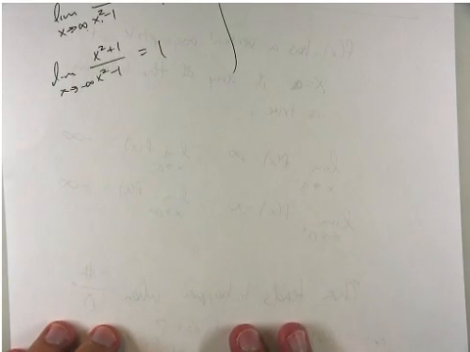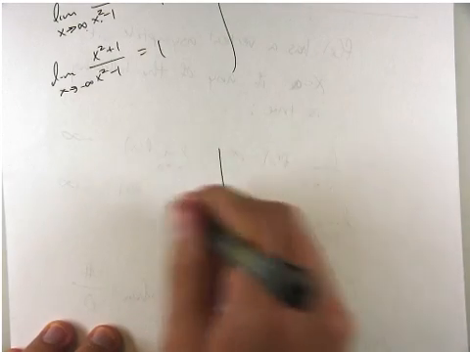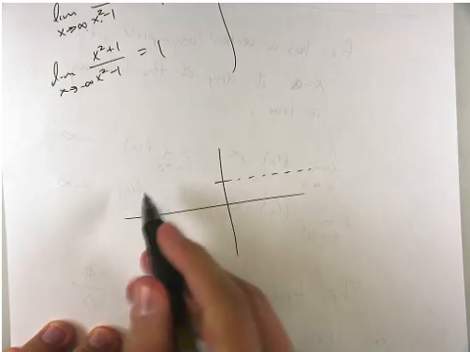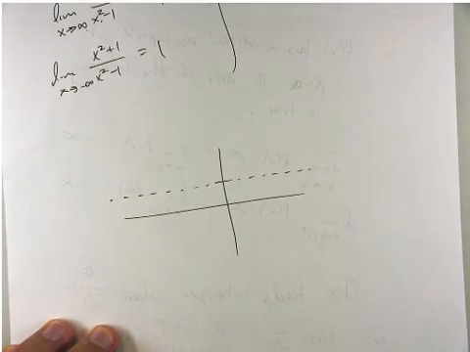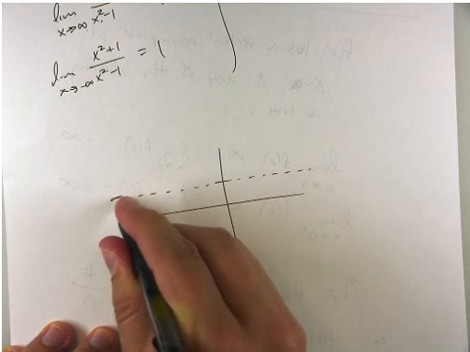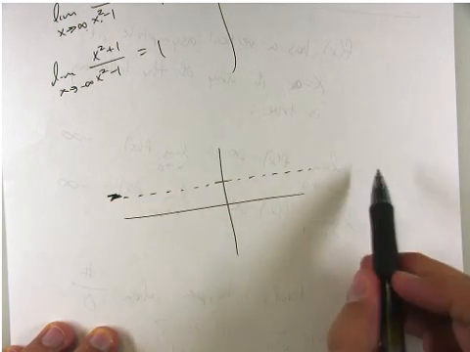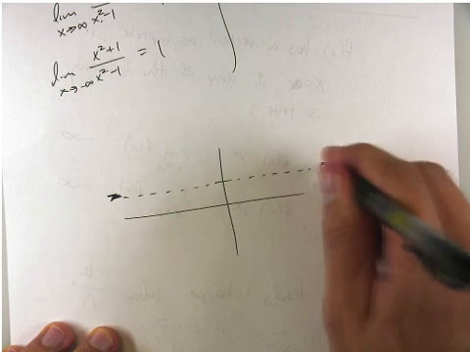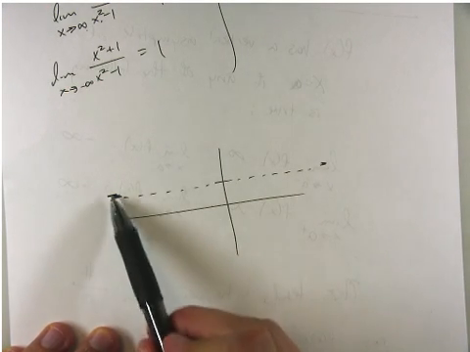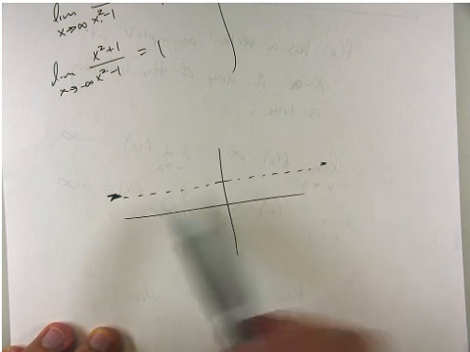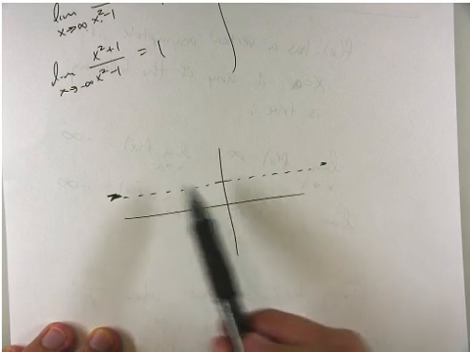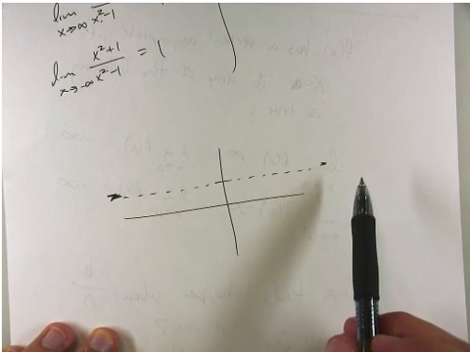So if I were to sketch this function, I know that all the way left, it looks like 1. And all the way right, it also looks like 1. I don't know whether it's above or below this line, but I know that it's roughly on this line, one direction or the other. And then there's going to be function in between.